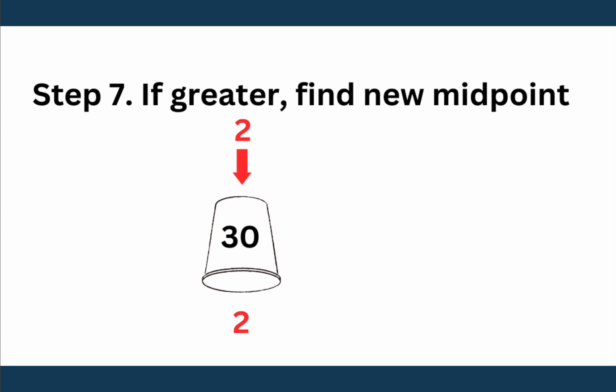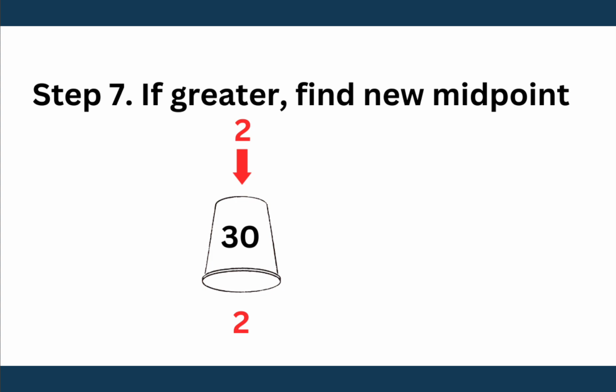So then 2 plus the index of the endpoint, which is 2. So 2 plus 2 will get us 4. And then, since we're looking for the midpoint, we need to take that 4 and divide it by 2. So 4 divided by 2 will get us 2. So 2 would be the new index of the new midpoint.